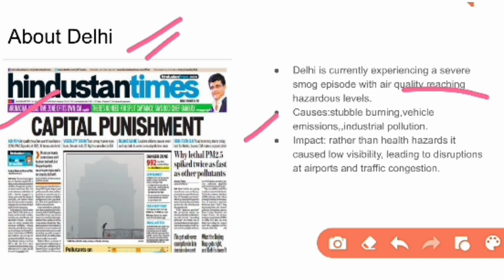Causes, we all know: different kinds of emissions, different kinds of pollutants, different kinds of particulate matter. Except this, stubble burning is another cause in Delhi. Stubble burning is the crop residue burning in the neighboring states of Delhi.